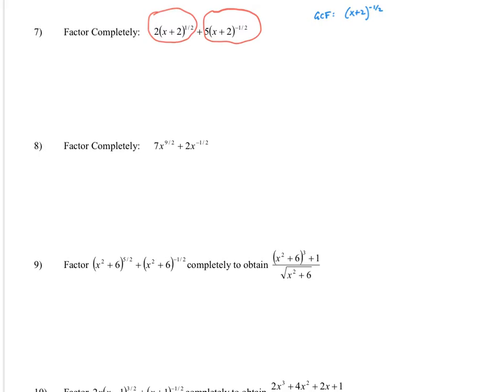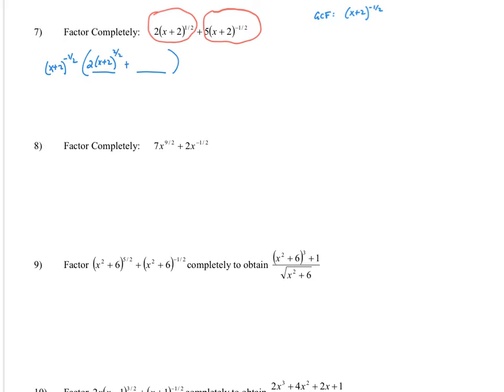The GCF is x plus 2 to the negative 1/2. So we're going to take out x plus 2 to the negative 1/2. And when we do that, we're going to be left with two things. First of all, in the first group, we're going to be left with 2 times x plus 2 to the 2/2 power.